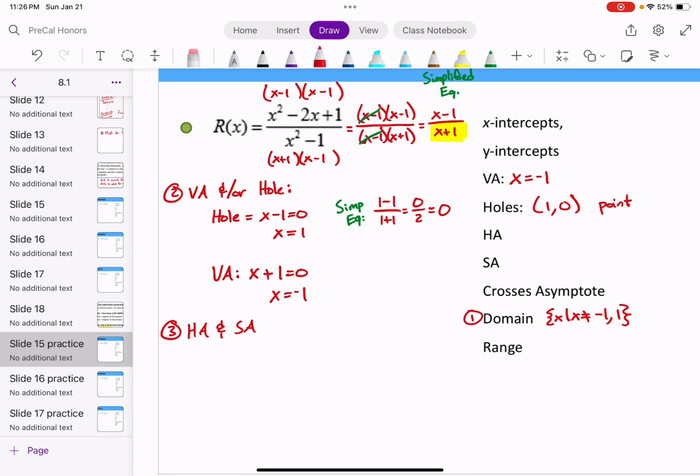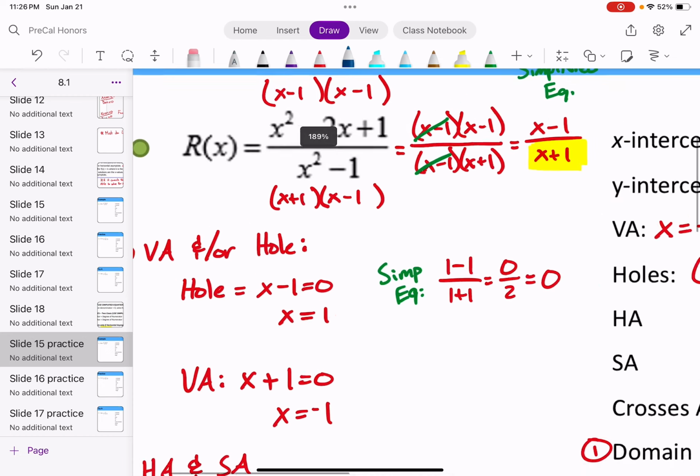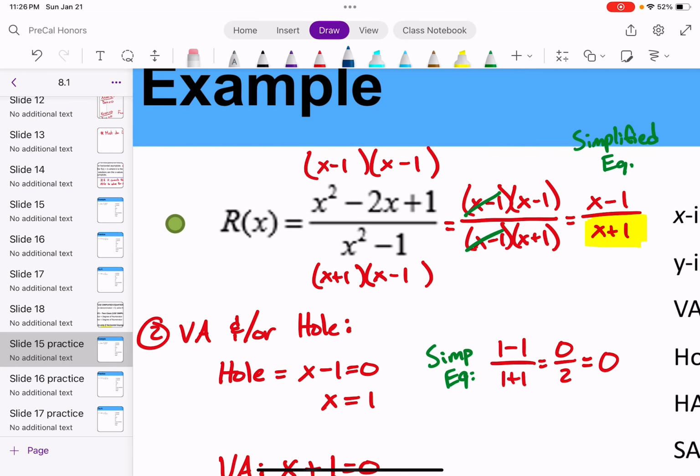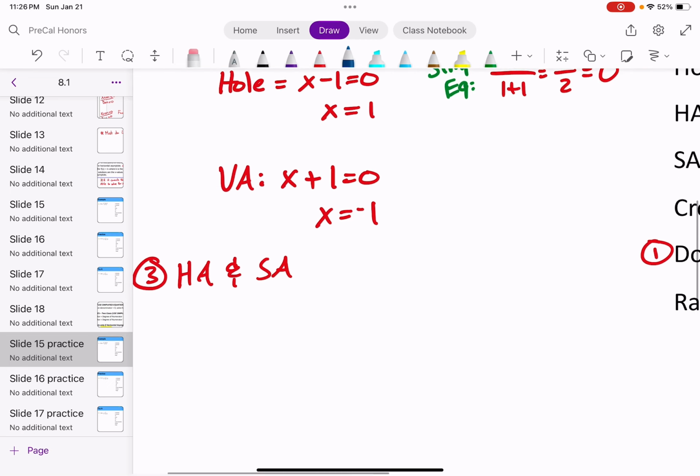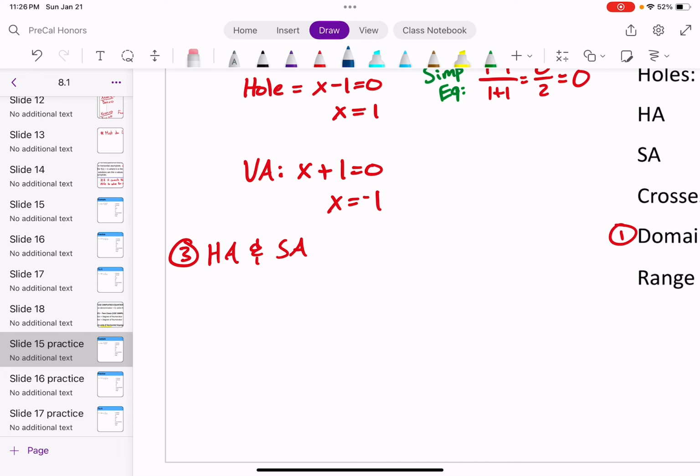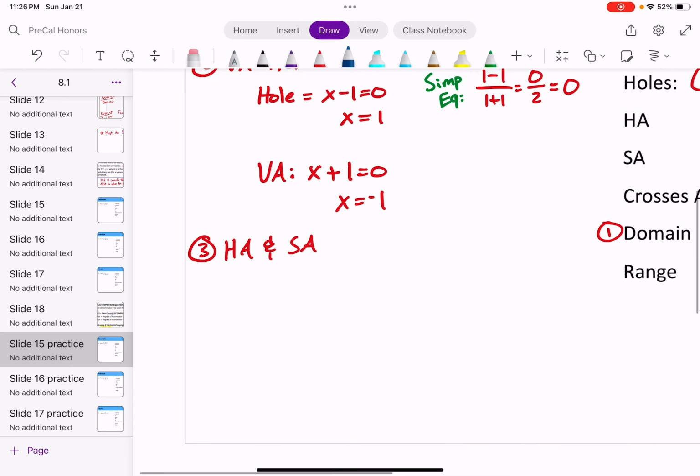Now in this case, let's go back to our original problem. Notice the largest degree is going to be a 2 and 2. So both of our degrees are the same. So the degree of our numerator is equal to the degree of our denominator. Whenever that happens, that means that you are going to have to look at the ratio of the coefficients.